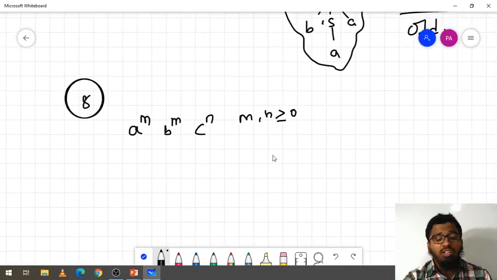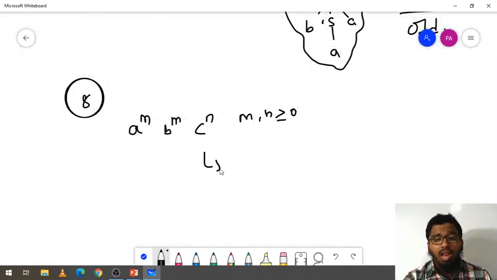So for this we need to make a grammar. What it is telling me is that the A's and B's should be equal in number. So for equal number of A and B, I am taking S1. Equal number of A and B's is A S1 B.